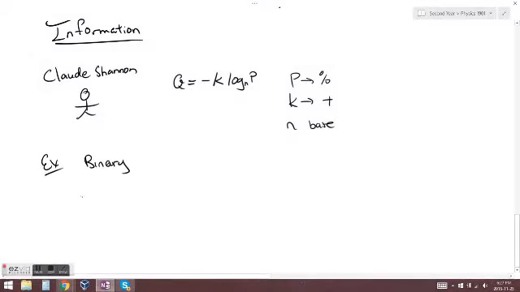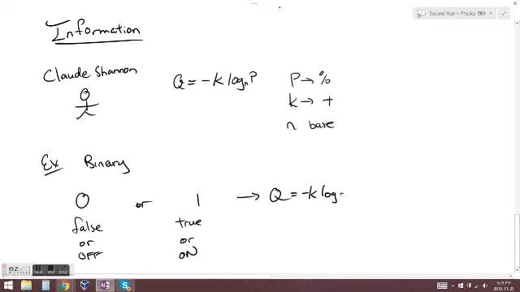An example of this would be binary, where there are two states, 0, false, or off, and 1, true, or on, where the equation for information Q would be equal to negative K log_2 P.